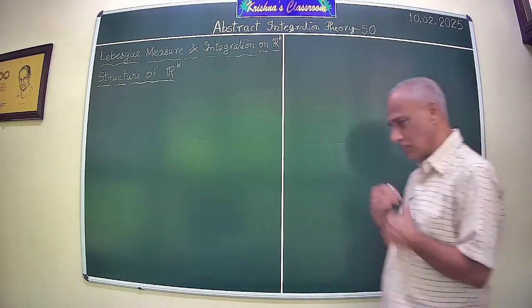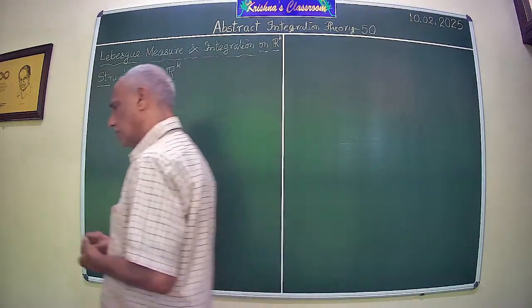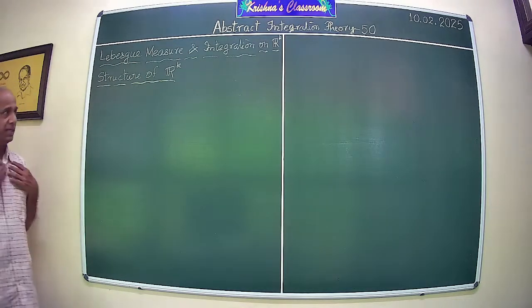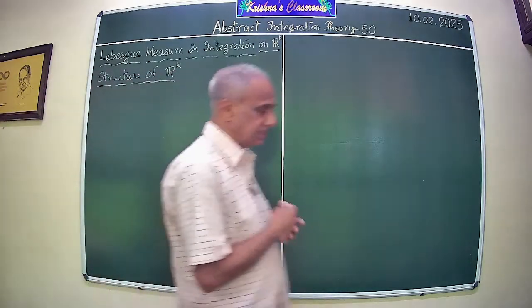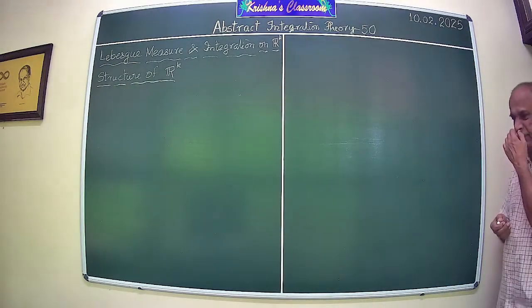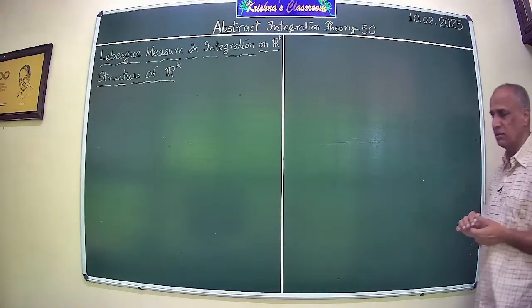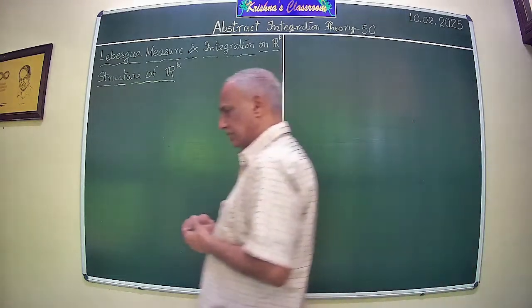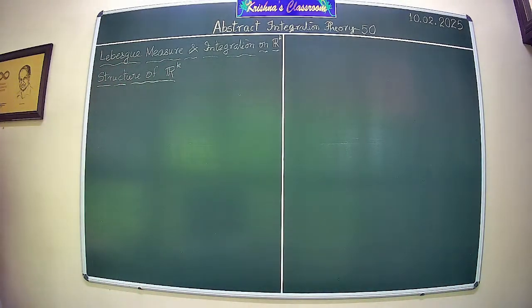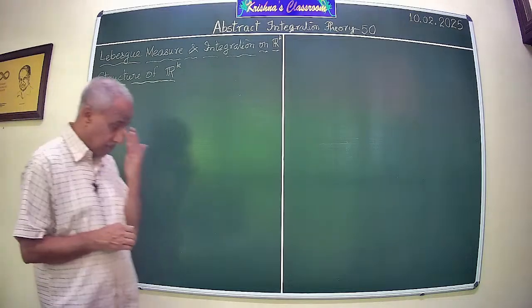And we successfully did that, and for a wide variety of class of subsets, we could introduce the concept of length, which we call the measure. This was called the Lebesgue measure. And then consequently, integration theory was developed.